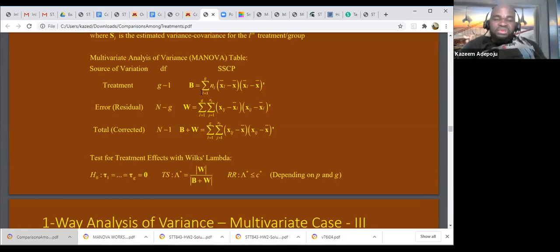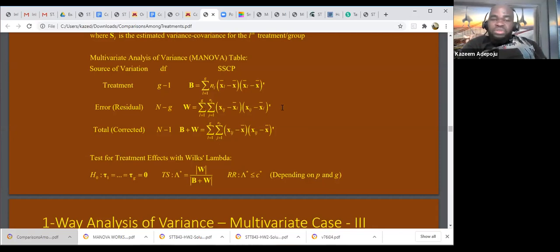Now, since B here is a matrix, I need to find the determinant of that. Because my test statistic is this, I need to find the determinant of W, the determinant of within, and I need to find the determinant of total. And don't forget, you need to first get this one.